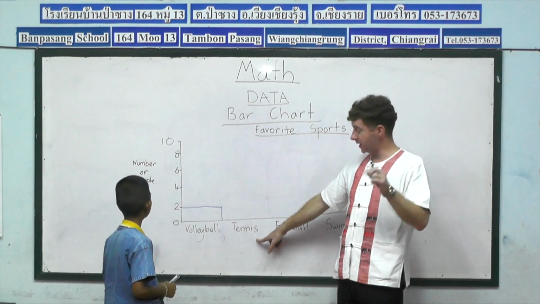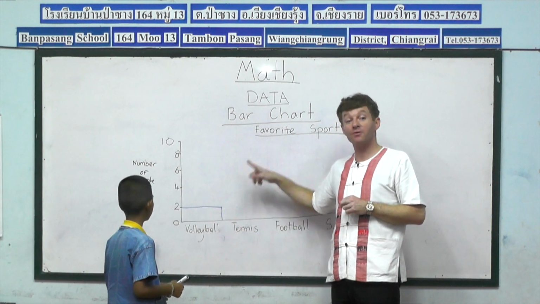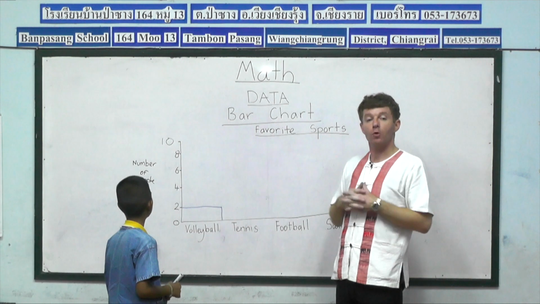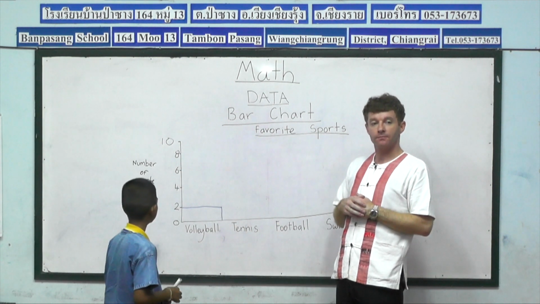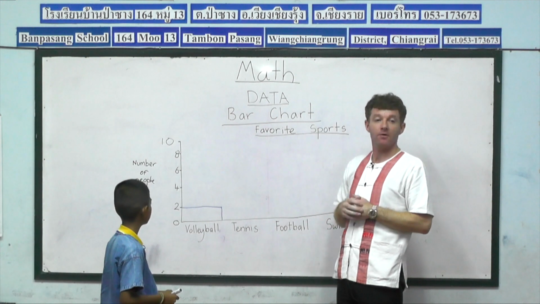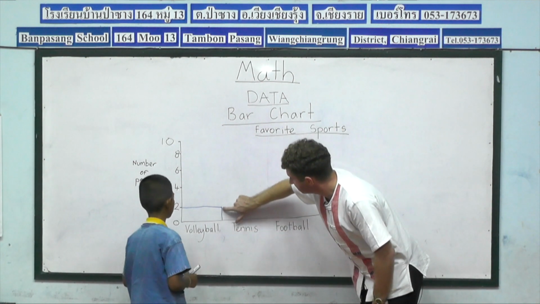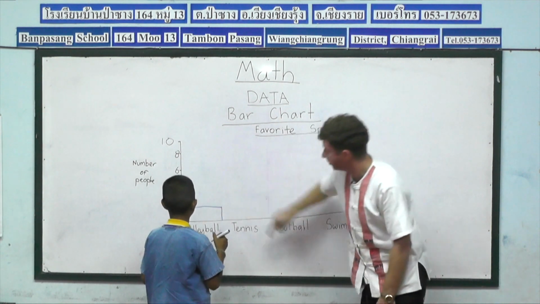Okay, so we've got 2 people who like volleyball. Can somebody give me a different number between 0 and 10 who like tennis as their favorite sport? Maybe higher. 4. Okay. So Pat, can you draw a line going up and reaching number 4?